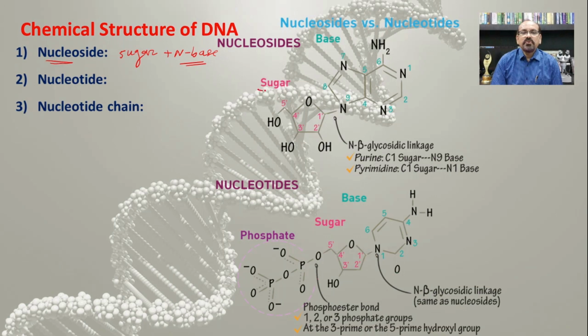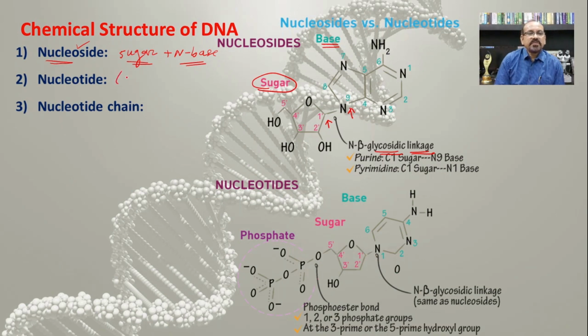When this sugar molecule attaches with any nitrogen base through a glycosidic linkage or glycosidic bond from the 9th nitrogen and first carbon of the sugar, this combination of the sugar and nitrogen base with the glycosidic bond is known as a nucleoside.